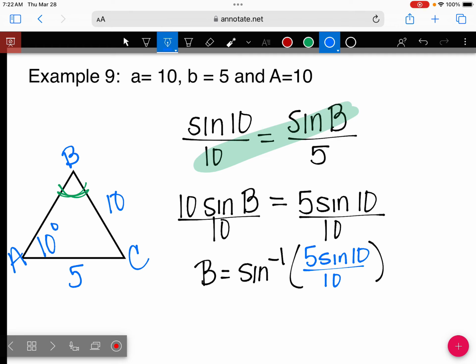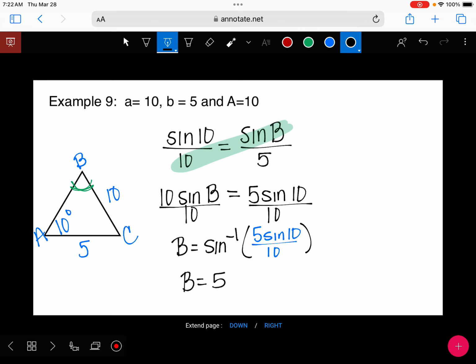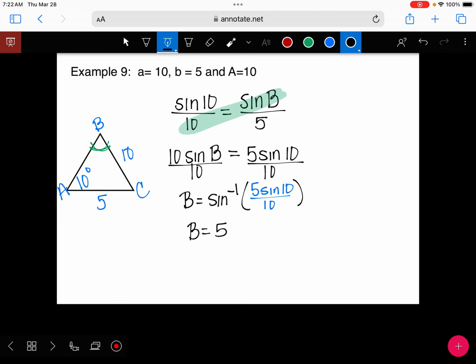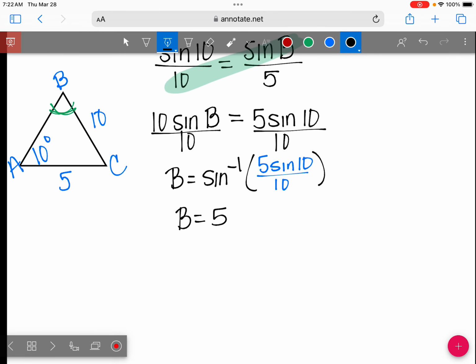All right, so B is 5. Okay, so now let's go ahead. So that means that we have angle A is 10. And then I have B is 5.